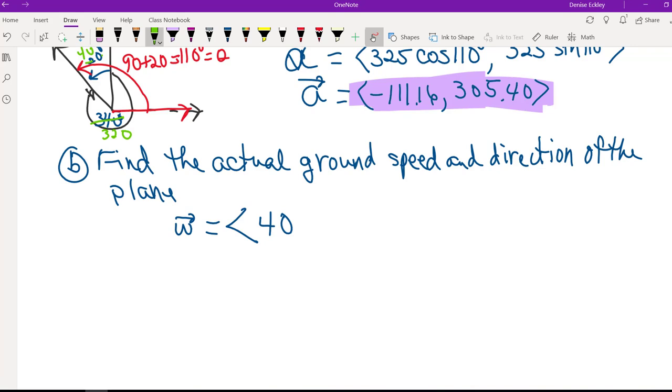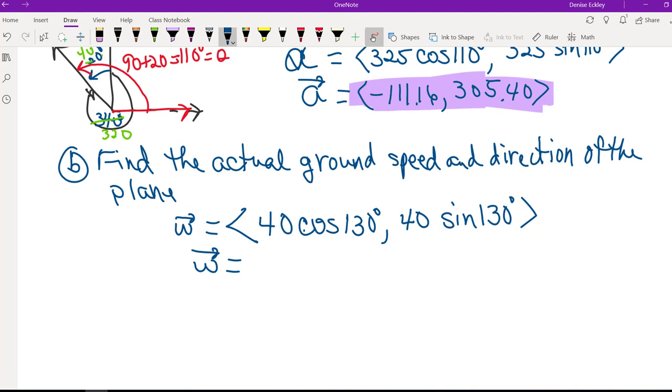I was getting confused with my 40s there for a second. 40 with the speed times the cosine is now going to be 130, so it would be 90 plus 40. And then we'd have 40 times the sine of 130 degrees. So our wind component form is going to be negative 25.71 and 30.64.